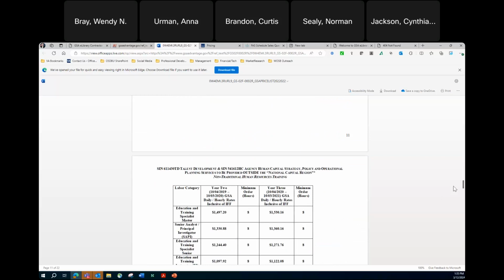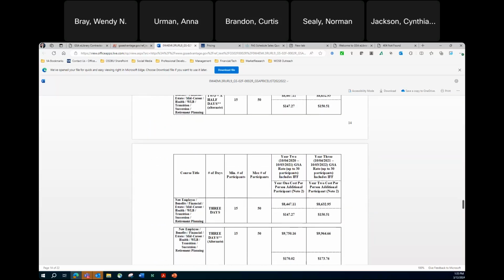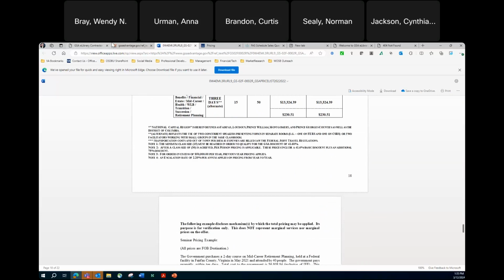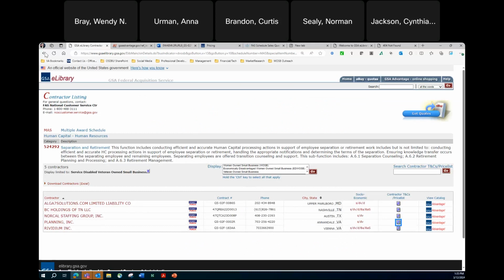So there's an escalation built in because the expectation is that salaries and cost of living will grow. The typical escalation rate is 3% year over year. So that is one way to look for GSA eLibrary information: by category.